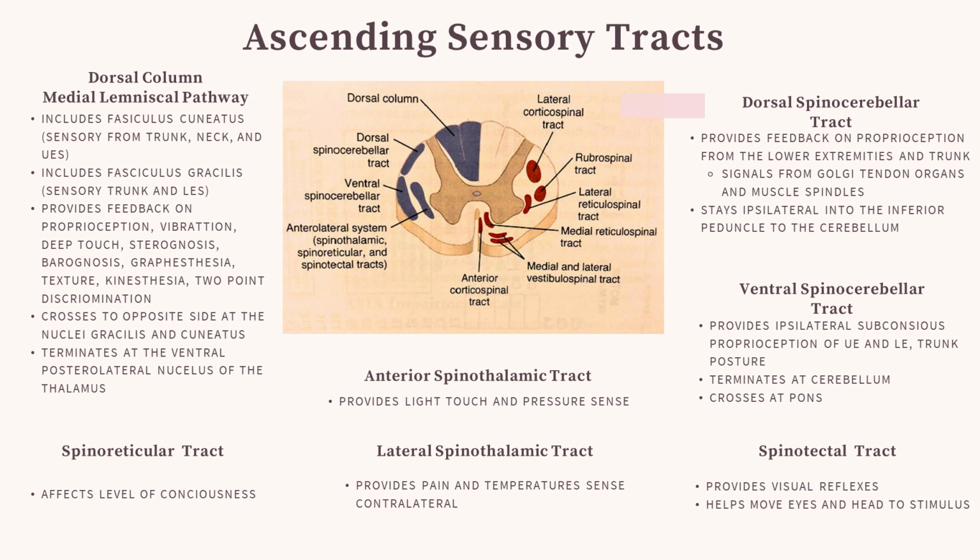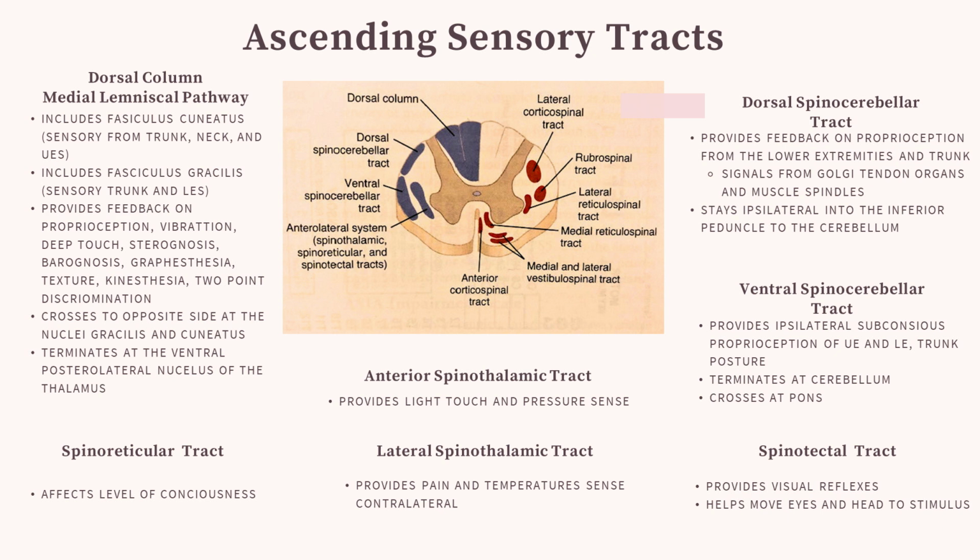Now, again, the dorsal part of the spinal cord is going to give those sensory nerve roots, but the actual sensory pathways are trickled throughout the spinal cord. So if you take a look at the photo in the middle of the screen here, you're going to see the dark blue is going to be our ascending tracts.